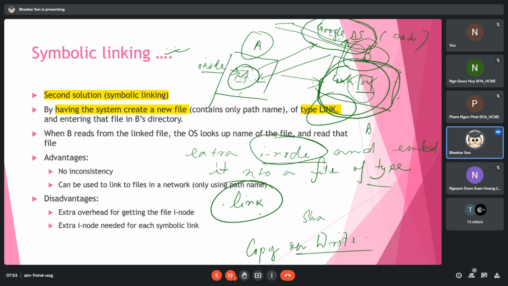So these two things work together, and once they work together, they end up doing the communication between themselves in the proper way. So the extra overhead is getting the file inode and the extra inode needed for each symbolic link. And that is perhaps the only one that we have.